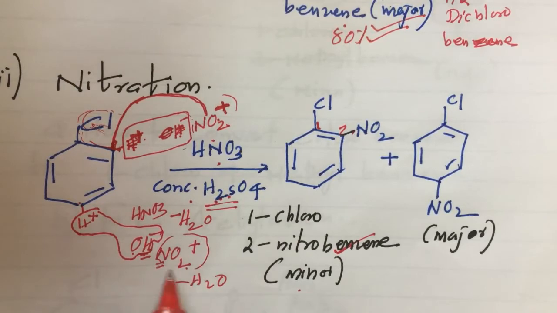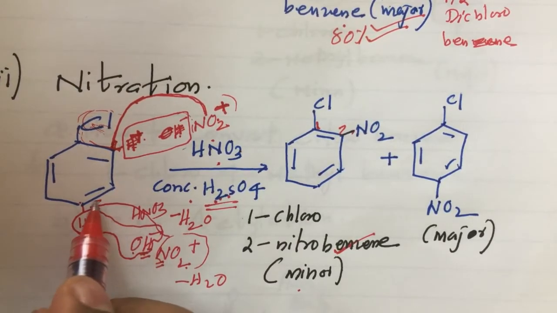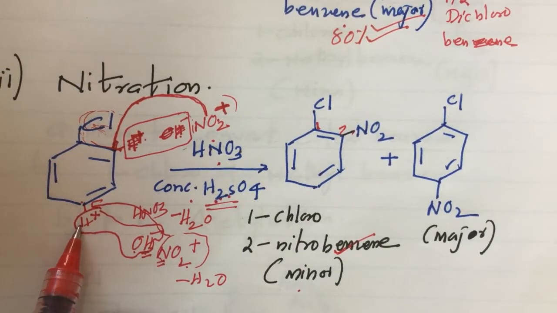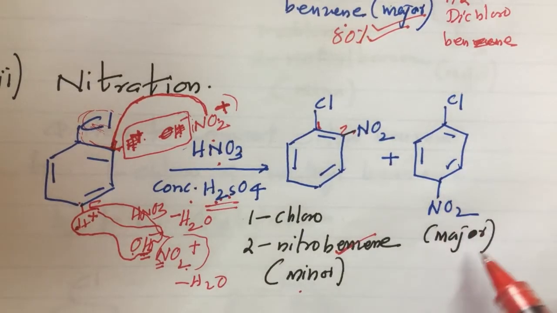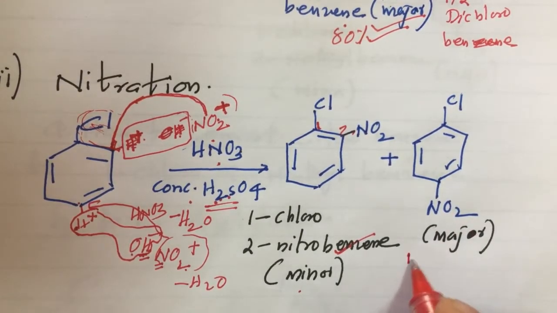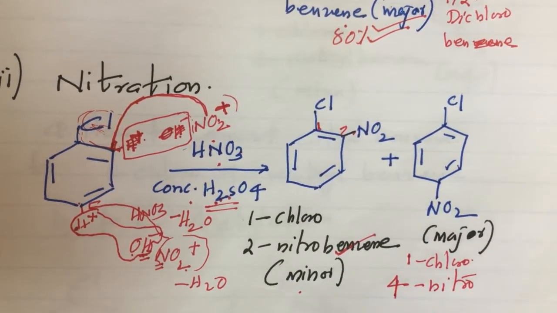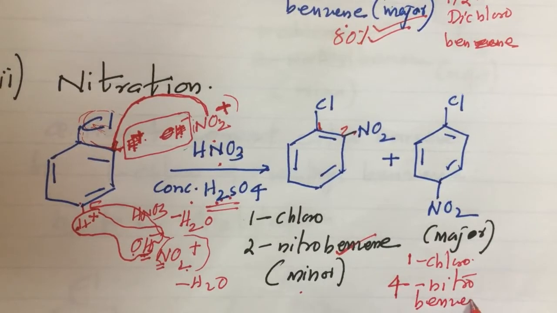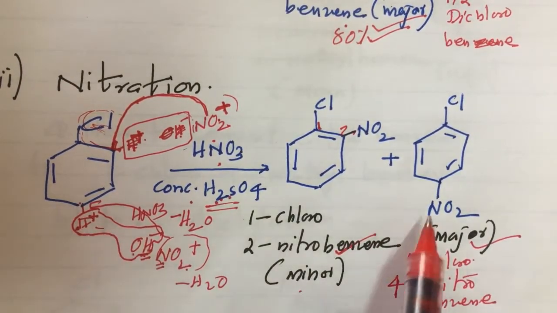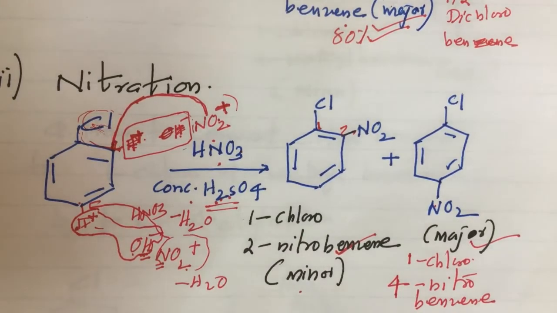Then NO2 plus electrophile takes the position of H plus at para position and forms 1-chloro-4-nitrobenzene, the major product. Clear?